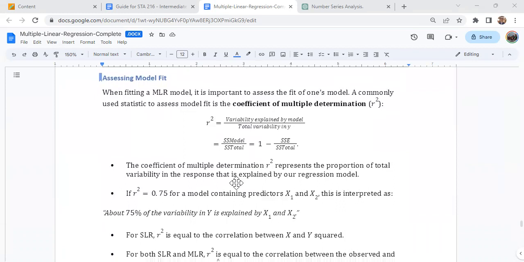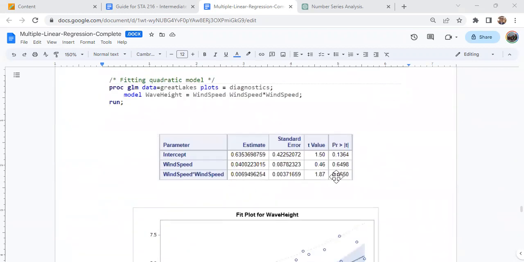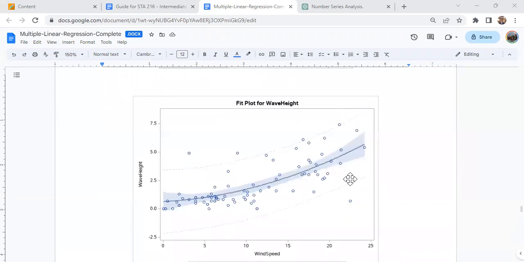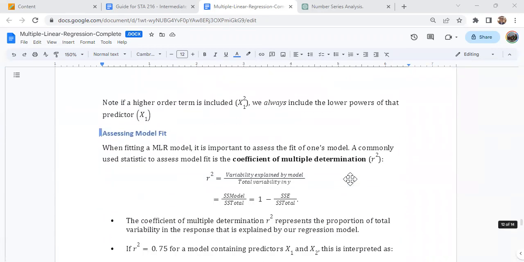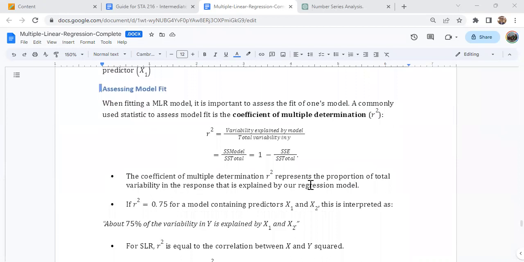All right, so in addition to testing individual predictors like that using p-values, we can also assess how well our model is fitting the data by using the R-squared value, which the Stat2 book called the coefficient of multiple determination.